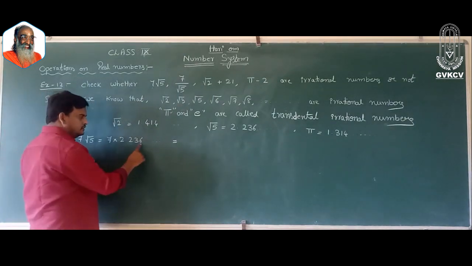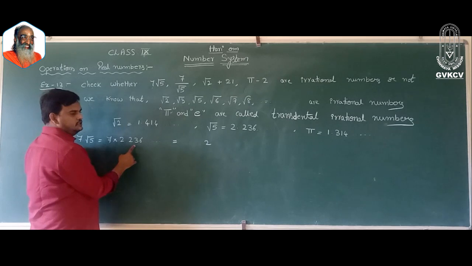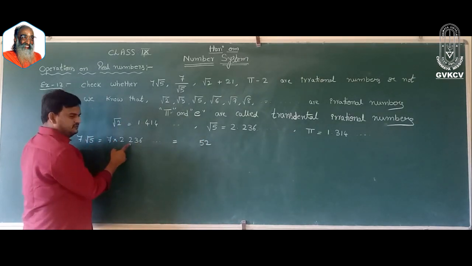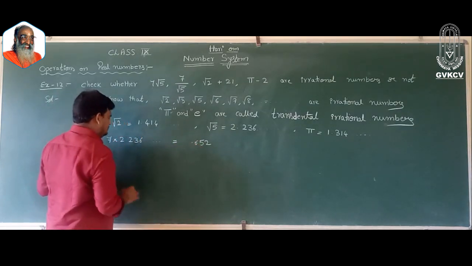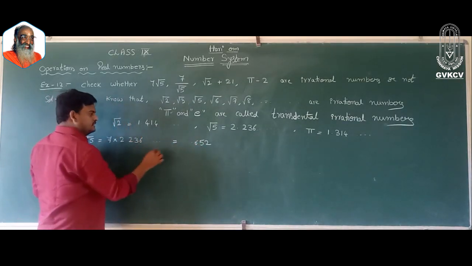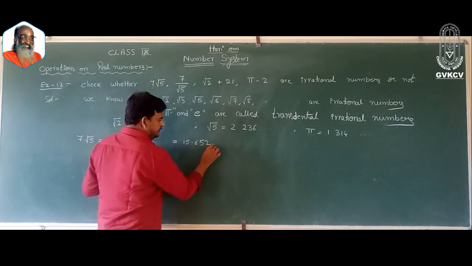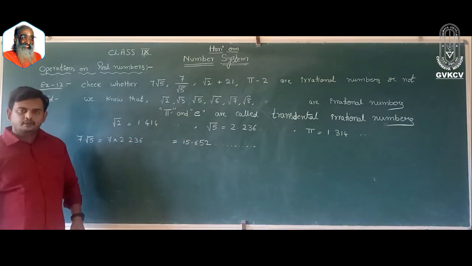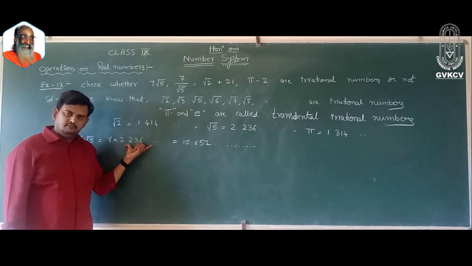Let us observe. 7 sixes are 42, 7 threes are 21 plus 4, 25, 7 twos are 14 plus 2, 16, 7 twos are 14 plus 1, 15. So 15.652 and so on. Means it is an irrational number.